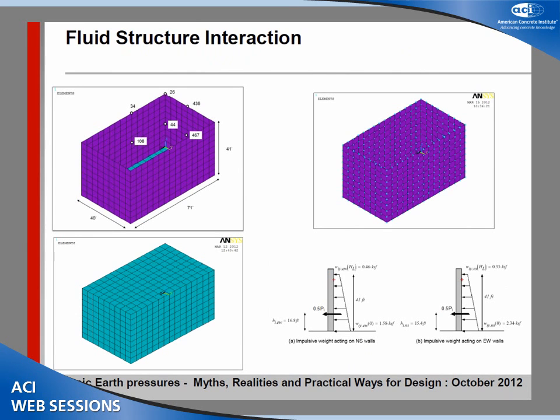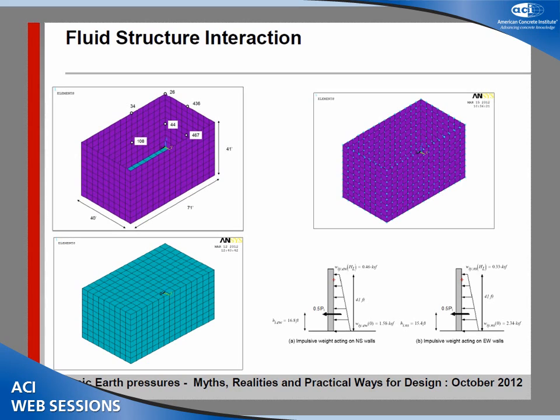So in this case, if the structure has liquid in it, we can go and model the fluid-structure interaction using fluid elements, or we could just create a simplified model where the interaction of fluid and structure is accounted for using just lumped masses.